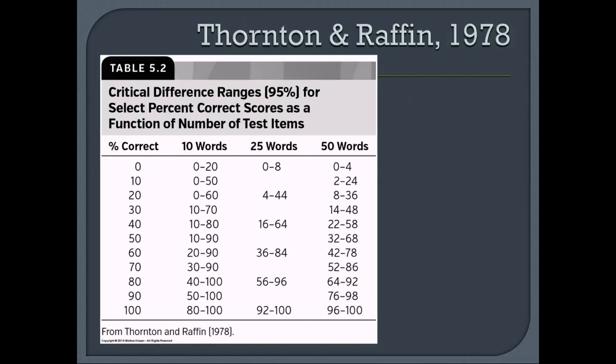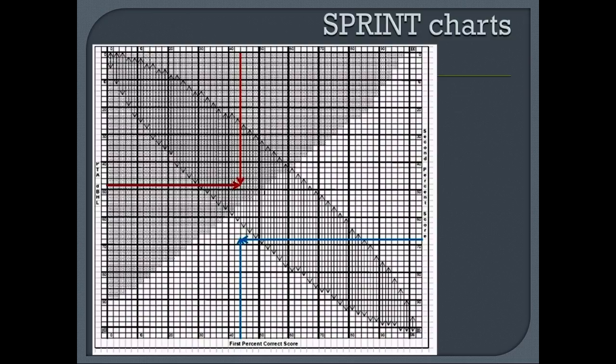Outside of the oval means it is, in fact, a significant difference between the two scores. Yes. And we'll go over this again in class. I know the Sprint chart particularly is confusing because it's actually allowing you to do two things at once.